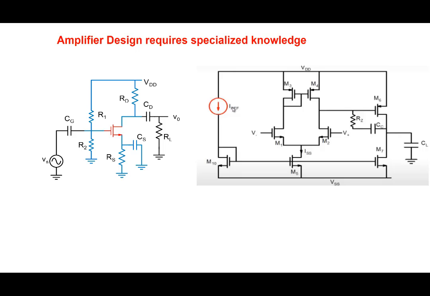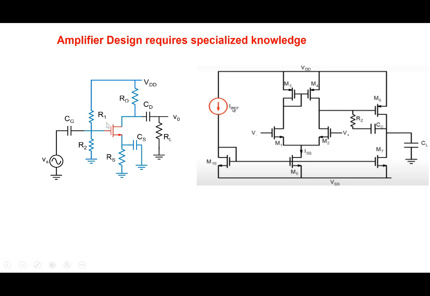Okay, so we've seen with a little bit of background that the design of these amplifier circuits is non-trivial. Even for the simple amplifier circuit, we have to make sure that the transistor is biased properly in the saturation region. We have to choose R1, R2, RS and RD properly, and we have to choose the supply voltage properly.